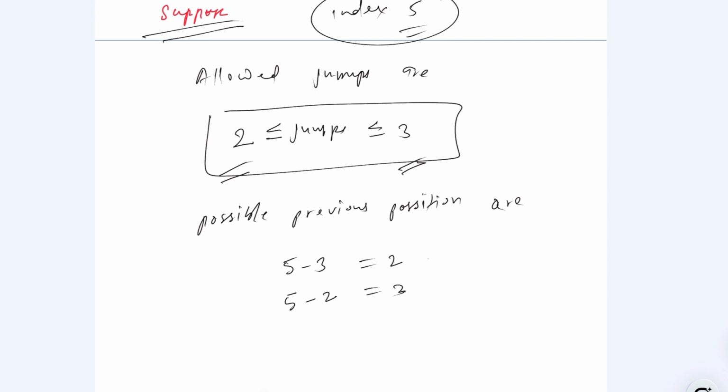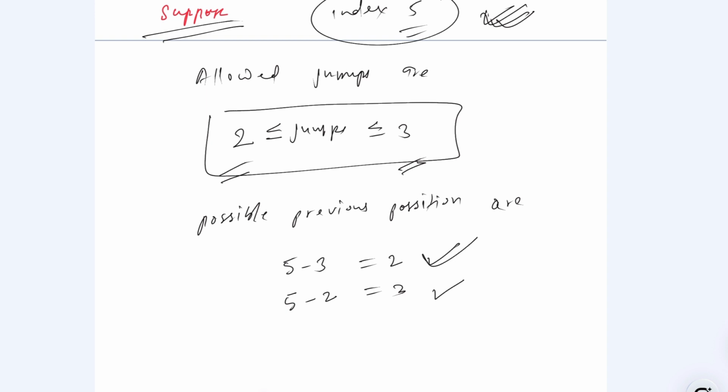So either one can jump, meaning only index 2 and 3 can reach 5, right?